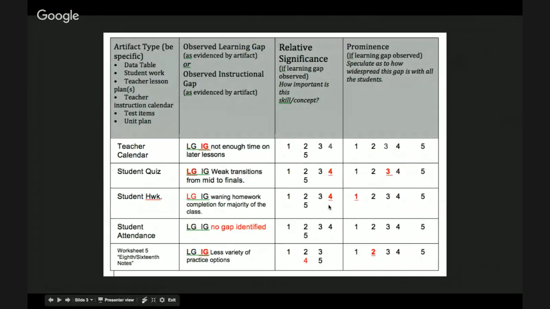You know, if the students aren't able to understand or complete the work on their own in a practice situation, then it's possible that they weren't able to do well on the test. And the prominence we decided was a 1 because this is something that was happening across the board, not necessarily just the students who performed poorly later on. And then with the student attendance, we actually decided that there wasn't really a gap identified because attendance was really good across the board.